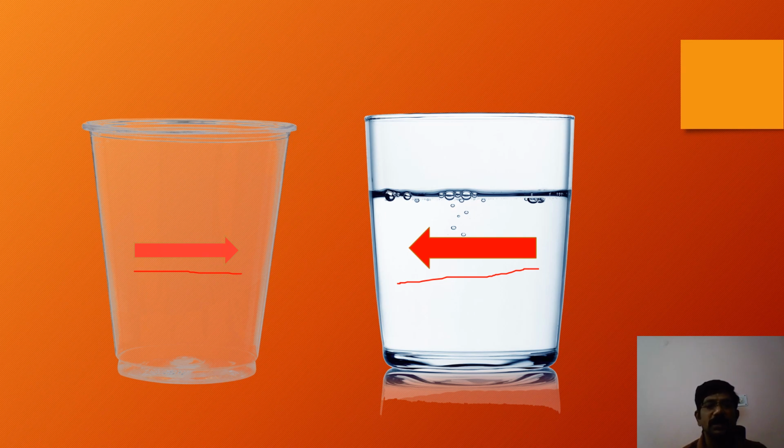Here the arrow is directed towards the right side, whereas here the arrow is directed towards the left side. Why does the direction of the arrow change when it is seen from a glass with water? Let us discuss.